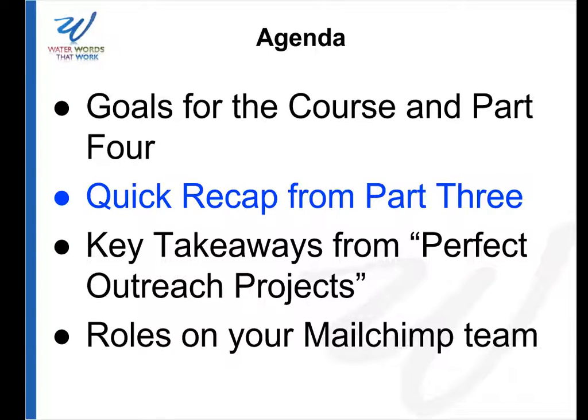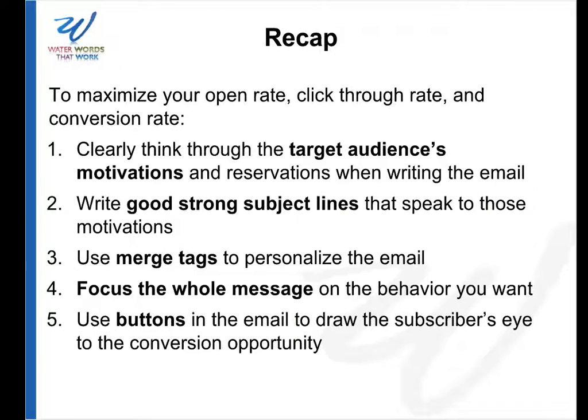So let's do a quick recap from part 3. To maximize your open rate, click-through rate, and conversion rate, we have 5 tips for you. The first is to clearly think through the target audience's motivations and reservations when writing the email. The second tip is to write good, strong subject lines that speak to those motivations.